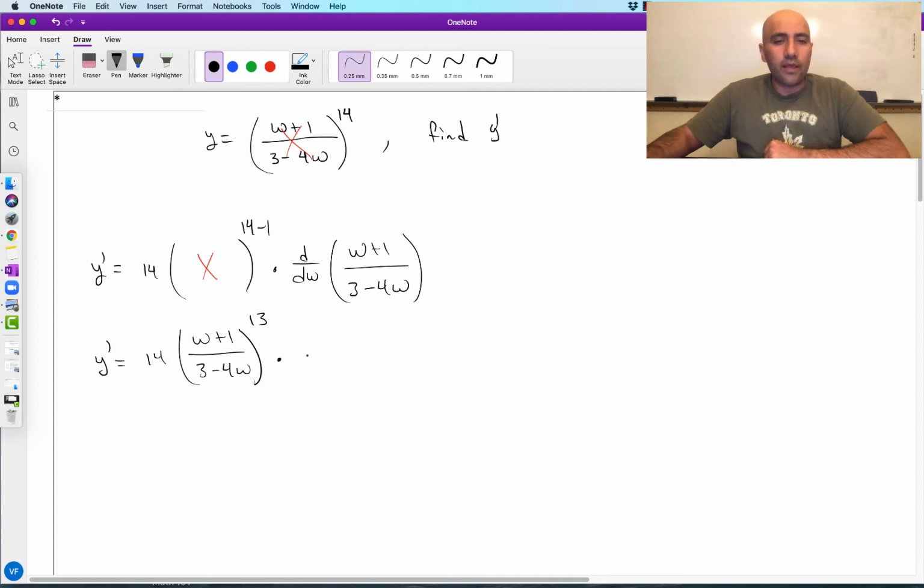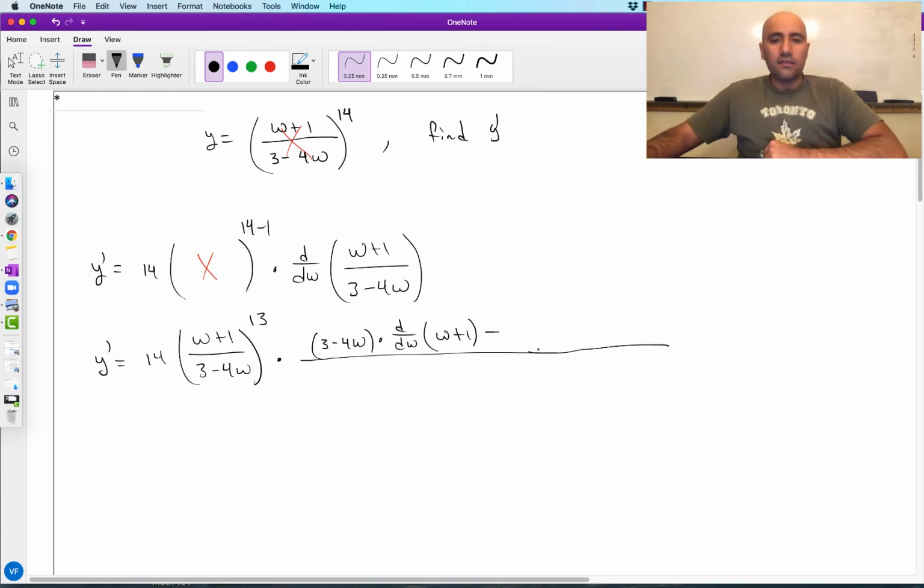So this whole thing gets multiplied by a very ugly fraction, which is going to be low d high minus high d low, derivative with respect to w of the bottom 3 minus 4w, like that, all over the denominator squared, (3 minus 4w) squared.